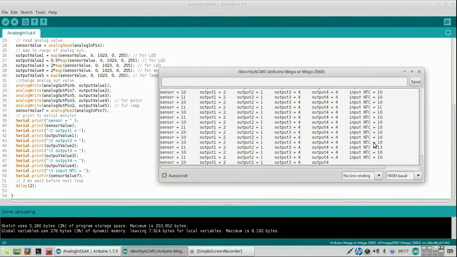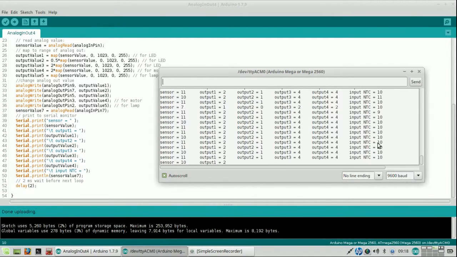An NTC has the property that with increased temperature the resistance, or the resistor value, decreases. So assuming that this is in ohms, it has now around some 10 ohms.